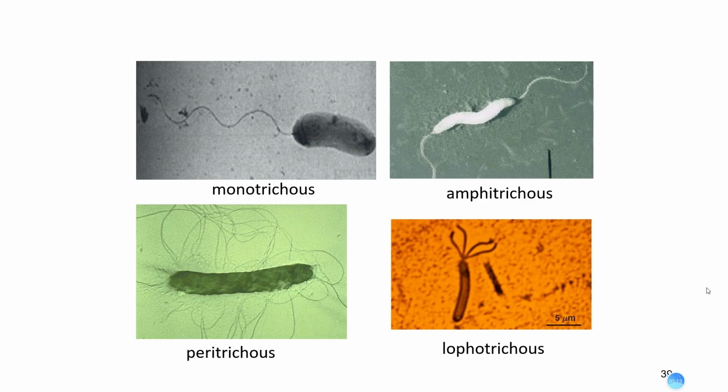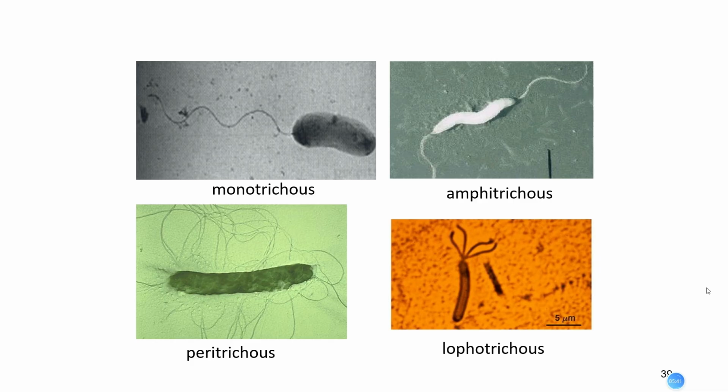Some bacteria have only one flagellum on one end. This one we call monotrichous. Mono means what? One. So one flagellum. And this one is called amphitrichous. So on each pole, there is one flagellum. This word amphi means two, right?